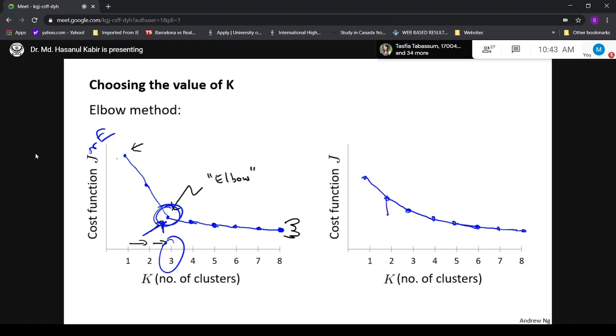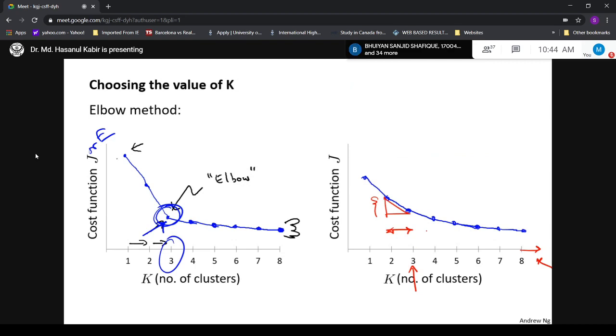But still you can do it, because we can compute the rate of change. Let me pick a different color. You can see that the change here is this much, right? For k equal to 3, in the x direction, the value of k direction, the change is always 1: 1, 2, 3, 4, a step of 1.